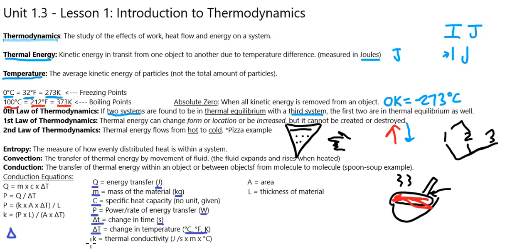Then lowercase k is thermal conductivity. Now the unit for this is written strange here because I didn't know how to type a fraction, but let me rewrite that. The unit for thermal conductivity is very strange. It is joules over seconds times mass times degrees Celsius.